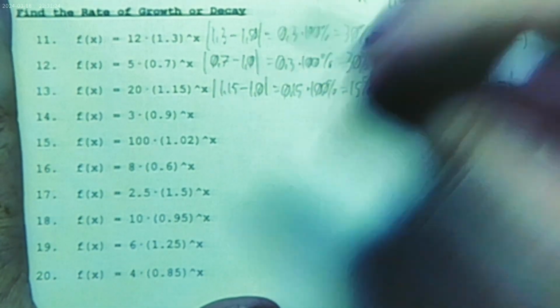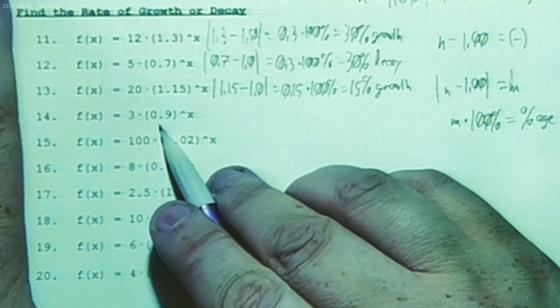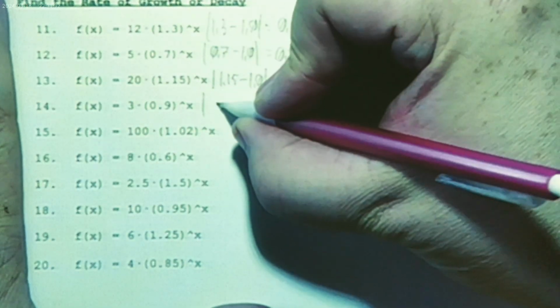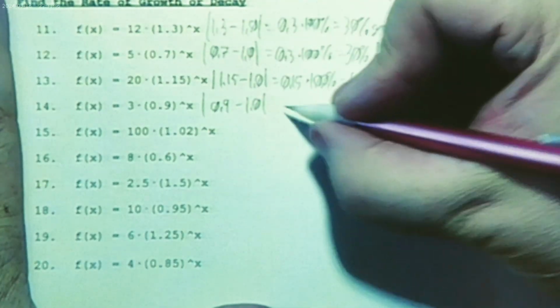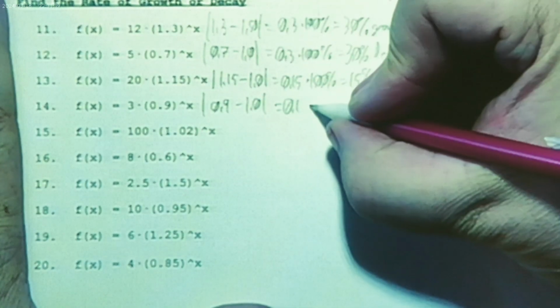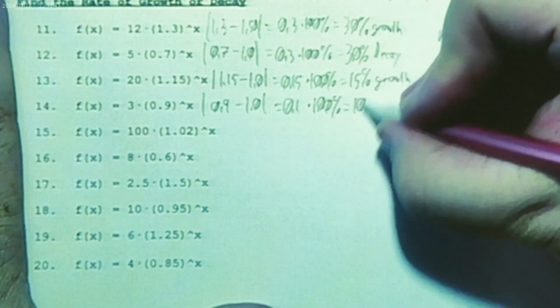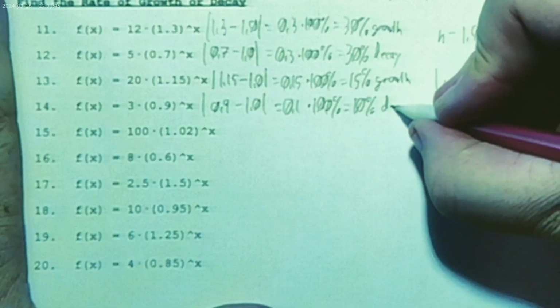All right. So this next one, I've got 0.9. It's less than 1, so I know whatever I'm solving for, it's going to be a decay. So 0.9 minus 1.0 equals 0.1 times 100% equals 10% decay.